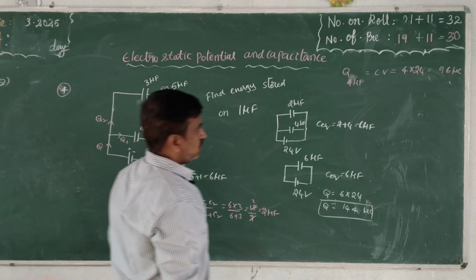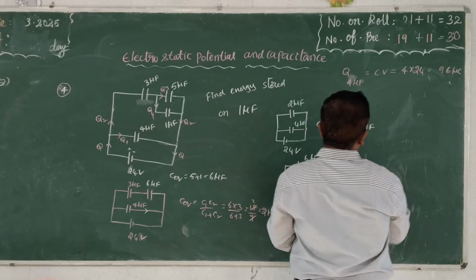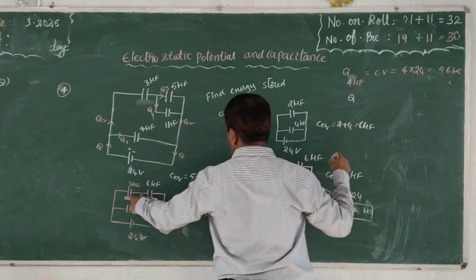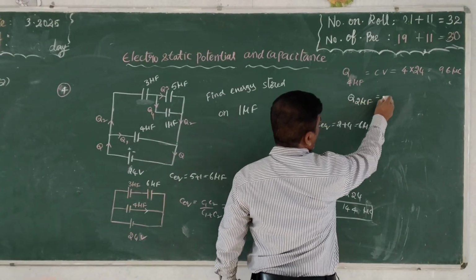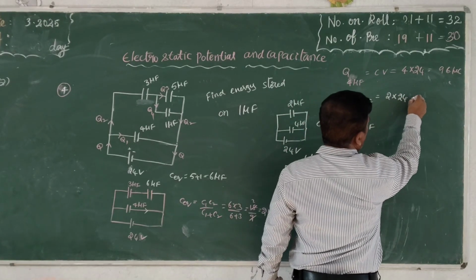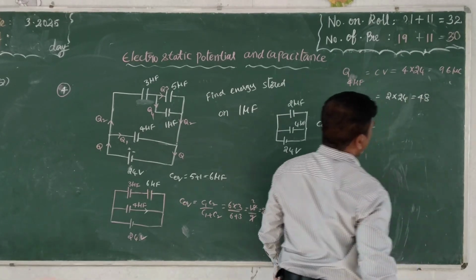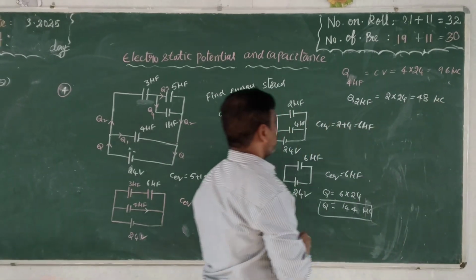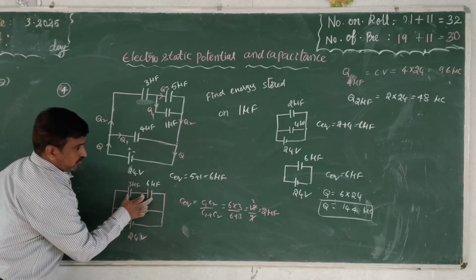What we get? 2 4s are 8, 2 2s are 4, 48. So 48 microcoulombs is the charge on the 2 microfarads. Here both have the same charge now.